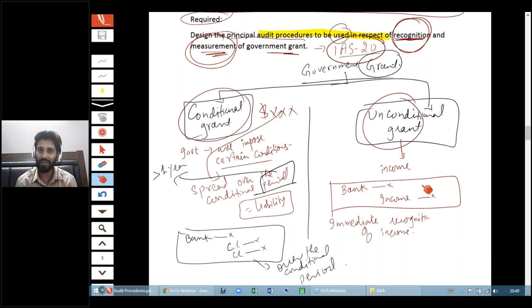That's it. Simple. Number two, if there is an unconditional grant, it is income immediately. You would inspect the income records and simply write: agree that amount as immediate income.